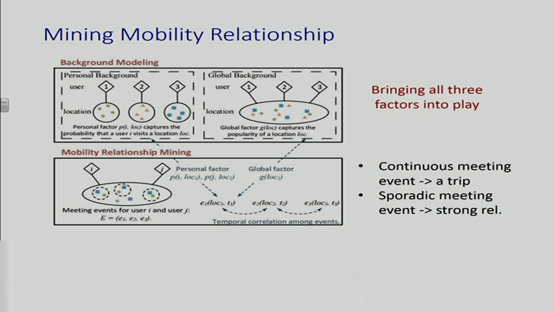If the locations are somewhere close and they have these sequential meetup events, it's more like a trip compared to sporadic events where these are discrete meetup events. So they try to capture this using the temporal factor. They combine all these factors as weights, and finally determine if two users have a strong mobility relationship or not.